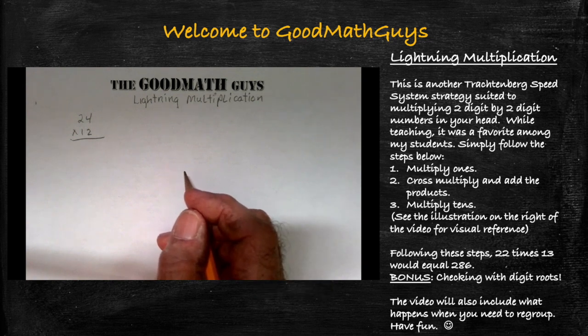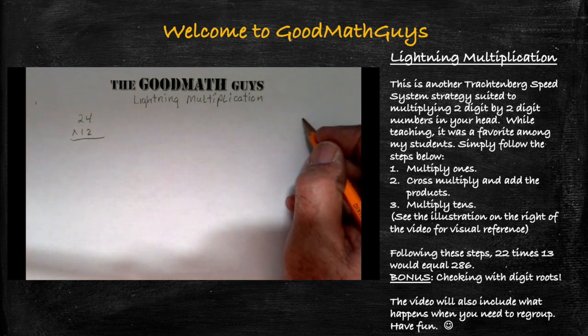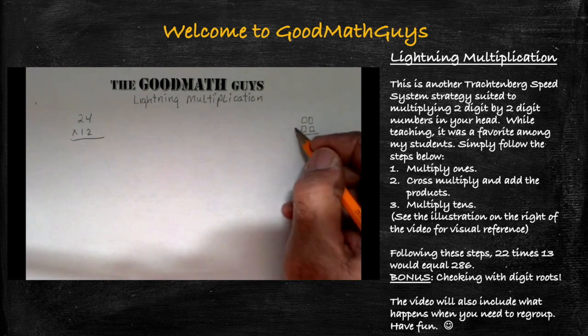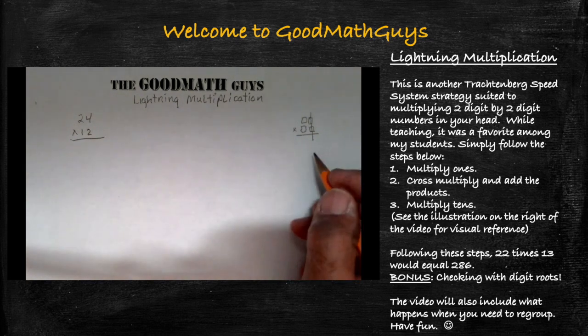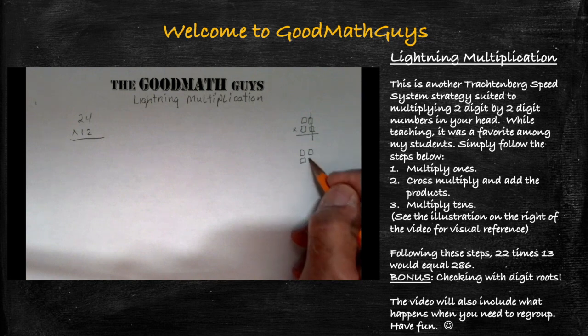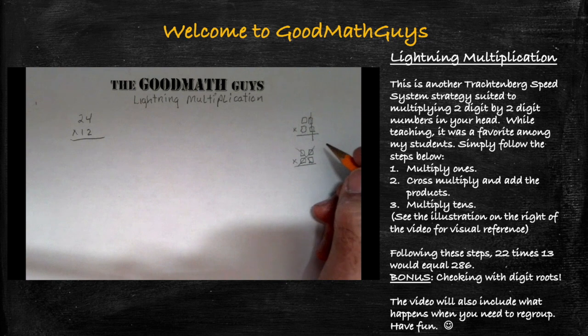In lightning multiplication, I'm going to do a little drawing over here. If I have a 2-digit number by a 2-digit number, the first step is to multiply ones. We're going to do kind of a crisscross pattern here. The next step is to multiply cross products this way, and then add those products.